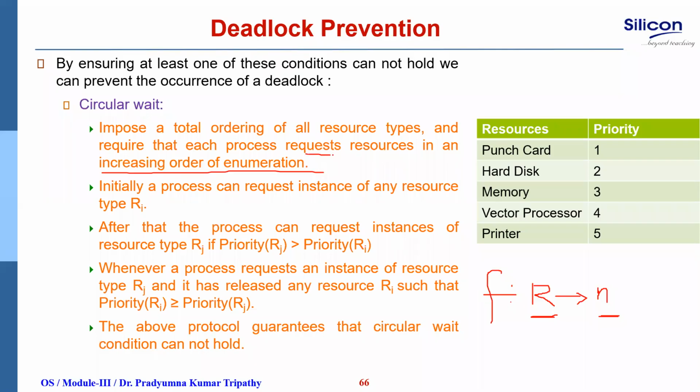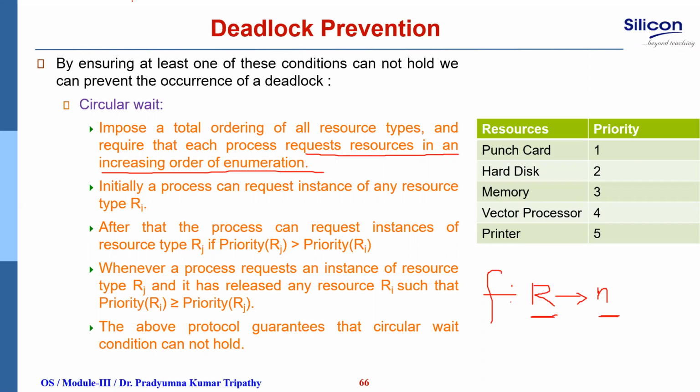So we'll ensure that they request in increasing order of enumeration. Suppose I have a hard disk, then I may request a vector processor, or I may request a printer. Because the hard disk priority is 2, I can request the printer, which is 5. But if I have the printer, I cannot ask for the punch card.